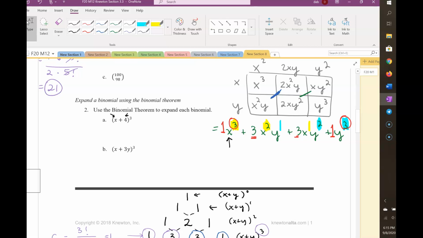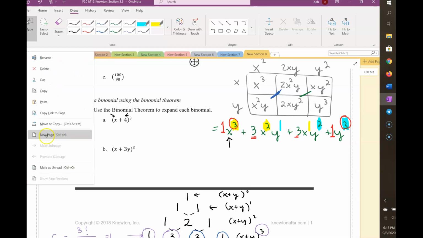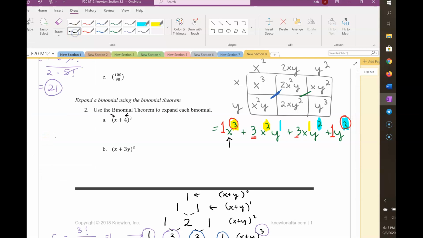And our power is 3, so we're going to write 3 choose 0. Then the first guy is going to be to the power of 3, and the 4 is going to be to the power of 0. Plus 3 choose 1.